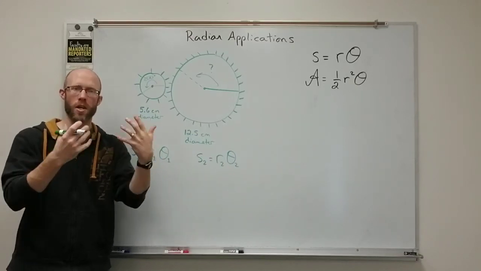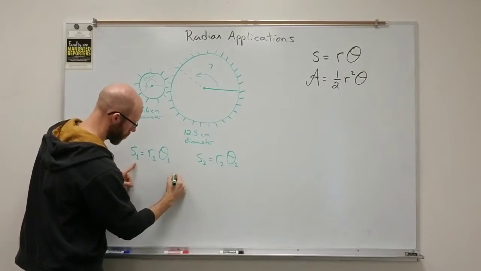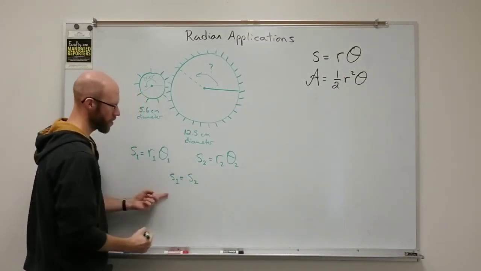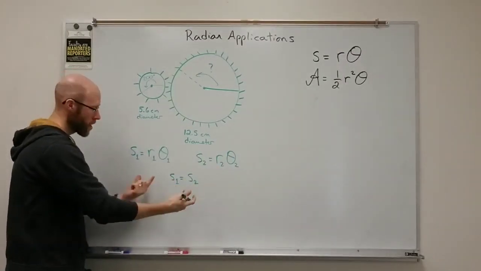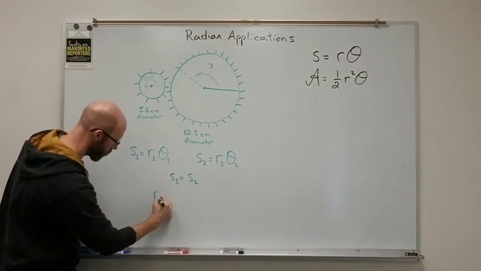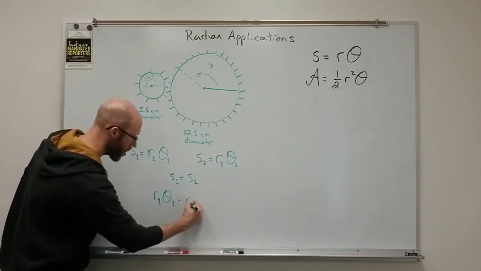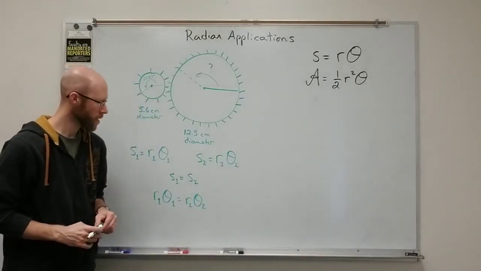They trace out the same distance. And so if S1 and S2 are equal to each other, then we could do a substitution, and it must be the case that R1 theta 1 is equal to R2 theta 2, okay?